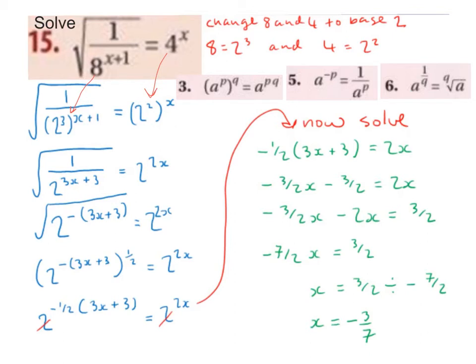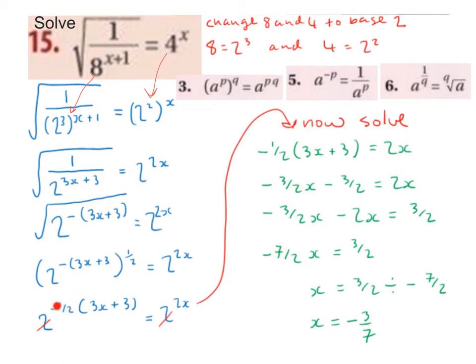So in my next step, I'm going to be using law 3 again, which tells me that a to the power of p raised to the power of q gives me a to the power of pq. So when I'm raising a power to a higher power, I'm multiplying the powers. And in this case, I am multiplying minus 3x plus 3 by a half. Now instead of actually multiplying out, all I'm going to do is bring the half down here in front of the bracket.